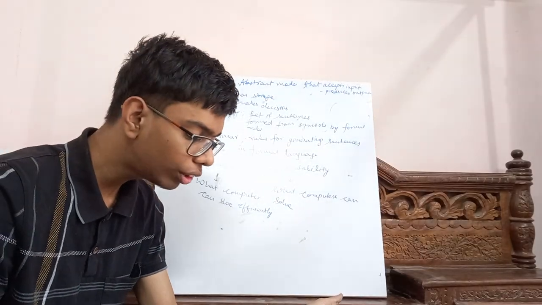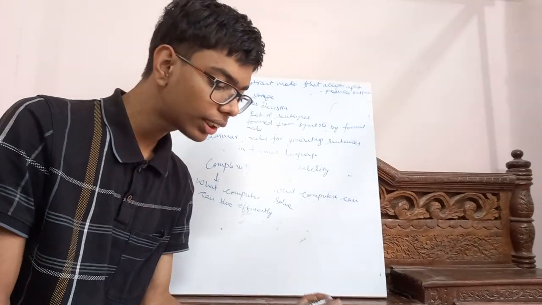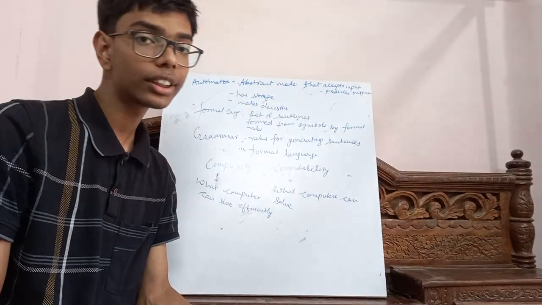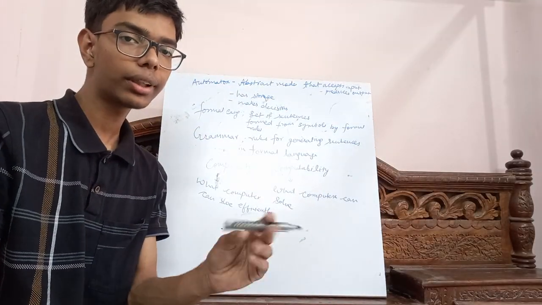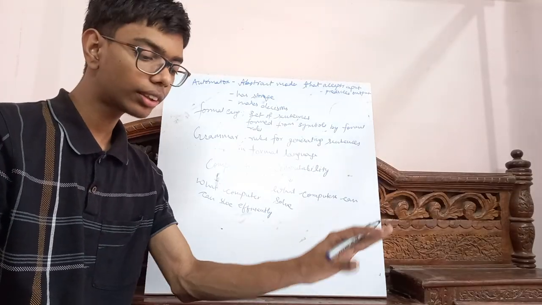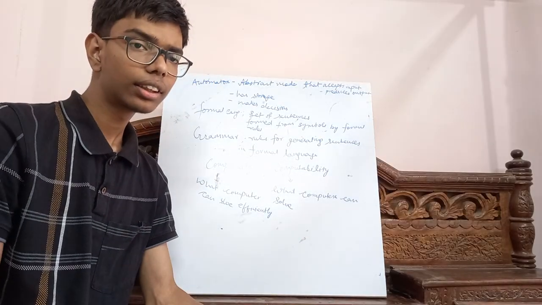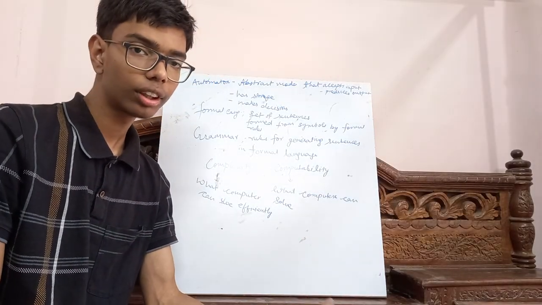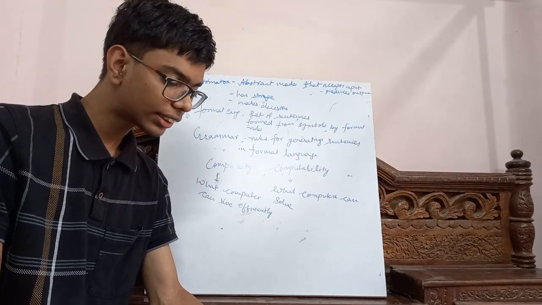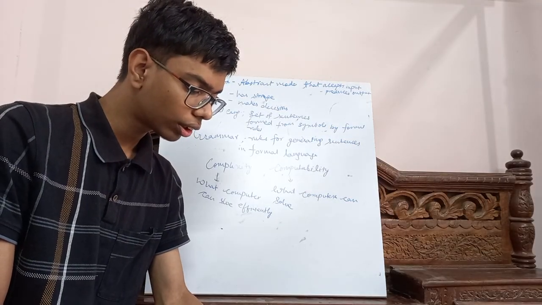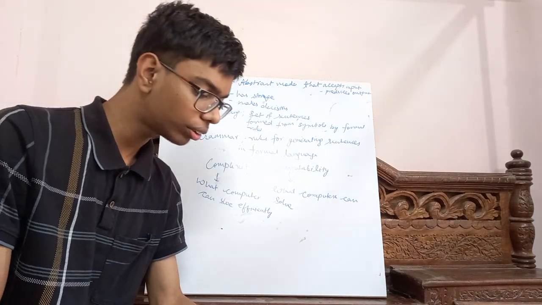We use operations like union, which means the elements of set A and set B, both considered. Intersection means only those elements present in both set A and set B. Difference means set A has these elements, set B has those, this minus those. And complement.